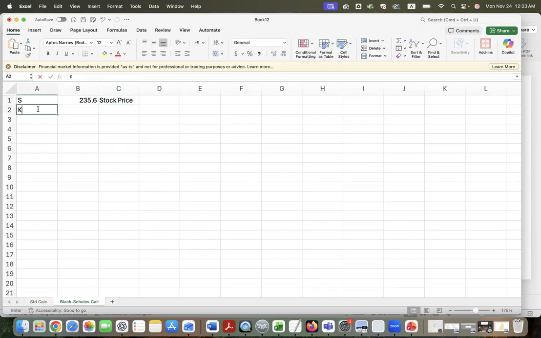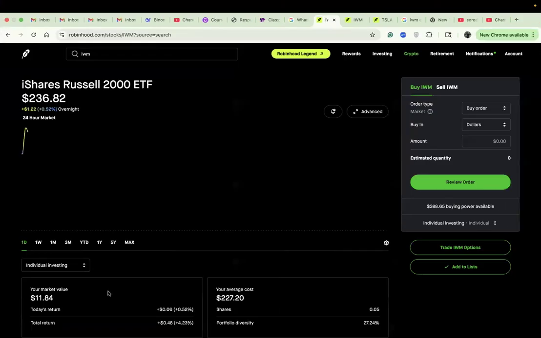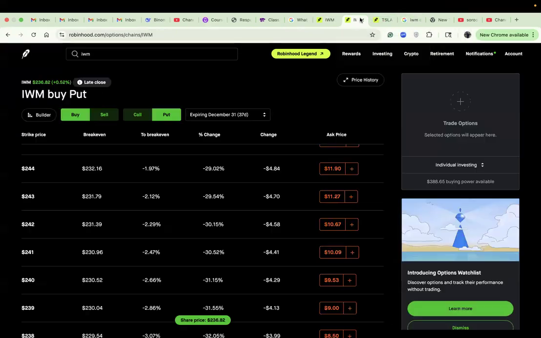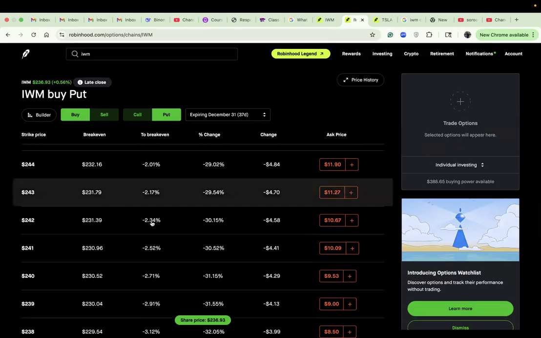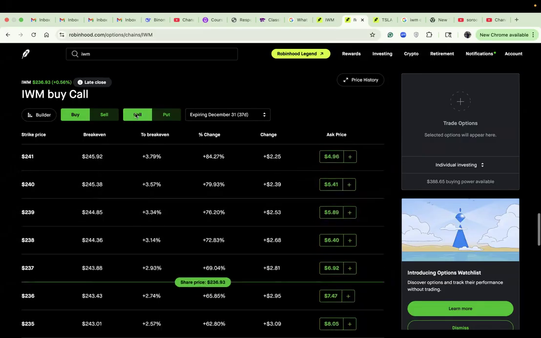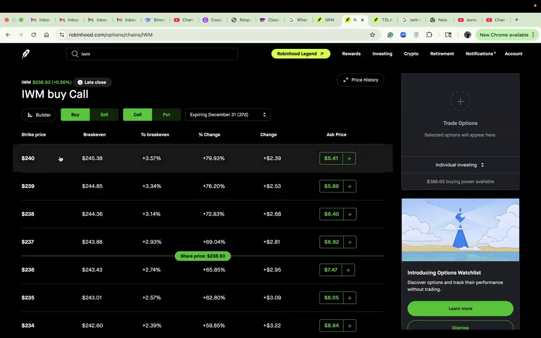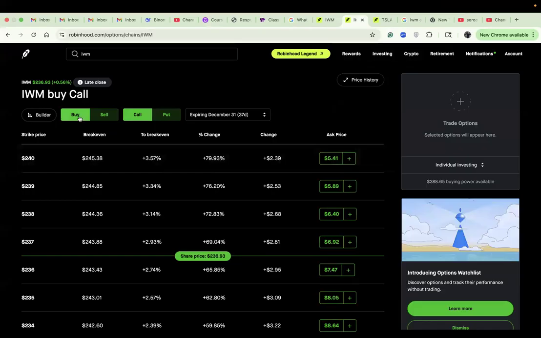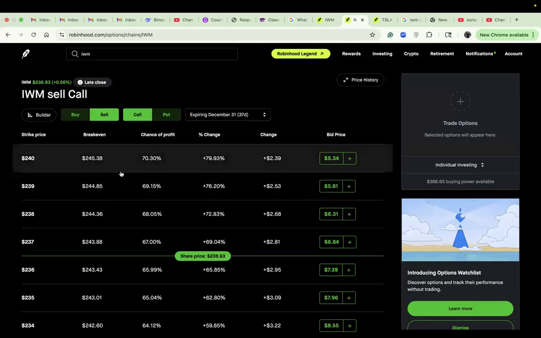Number two, K, which is strike price. And I can, for example, go to this and take a look at the strike prices. For example, here I can see that for the call option, buy and sell are almost the same price.